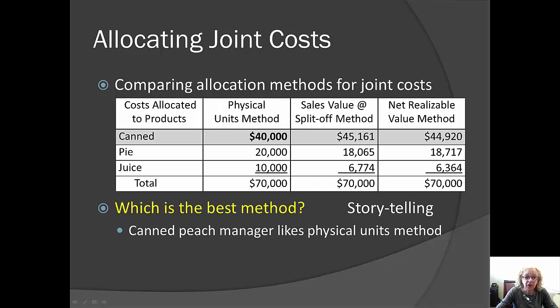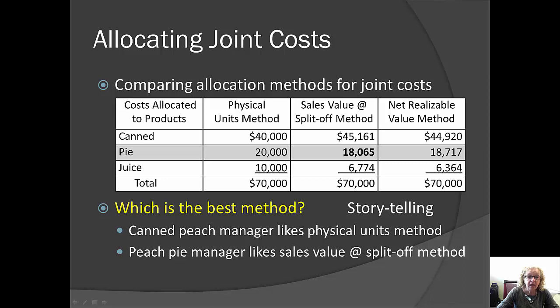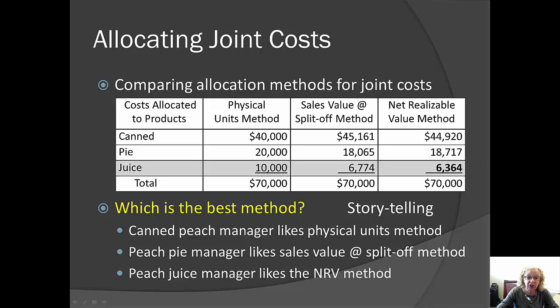So, the canned peach manager is going to prefer the physical units method because canned peaches represent a smaller physical weight than they do in the other methods. The peach pie manager is going to like the sales value at the split-off method, and the peach juice manager likes the net realizable value method.